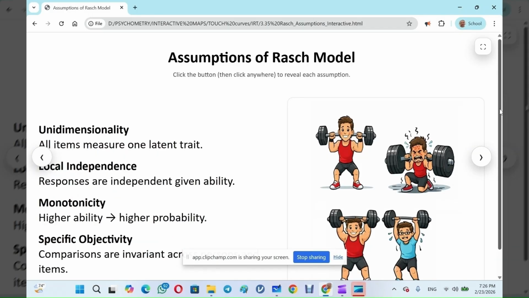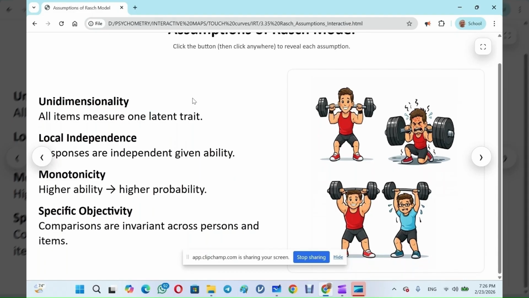Now we come to the fourth of the assumptions of the Rasch model, which is specific objectivity. And this states that comparisons are irrelevant across persons and items. What that means actually is that each item must be assigned a difficulty that shouldn't be affected by the persons answering that item, by their ability.